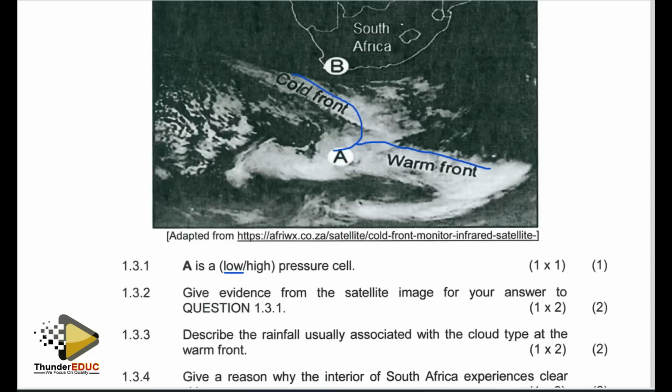The next question is talking about the evidence from the satellite image of your answer to 1.31. Like what I've discussed here, why is it a low pressure cell on that part of the system?